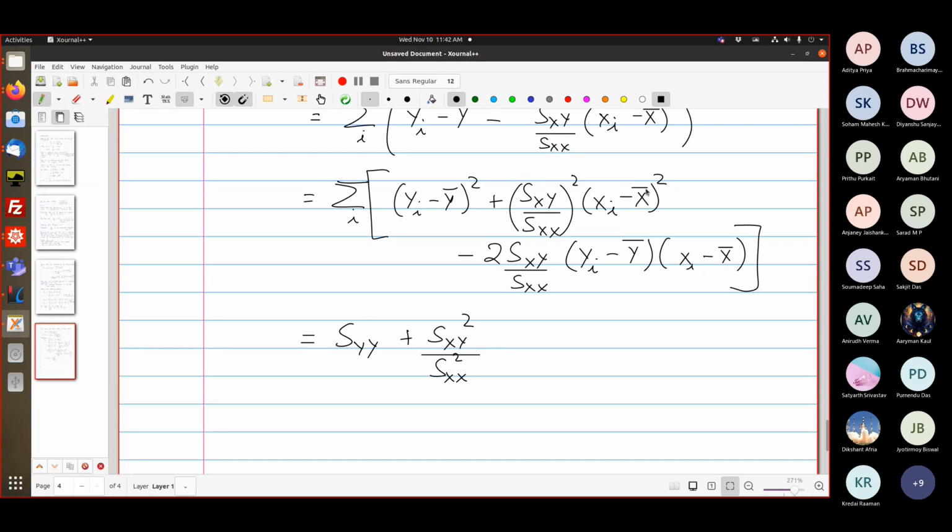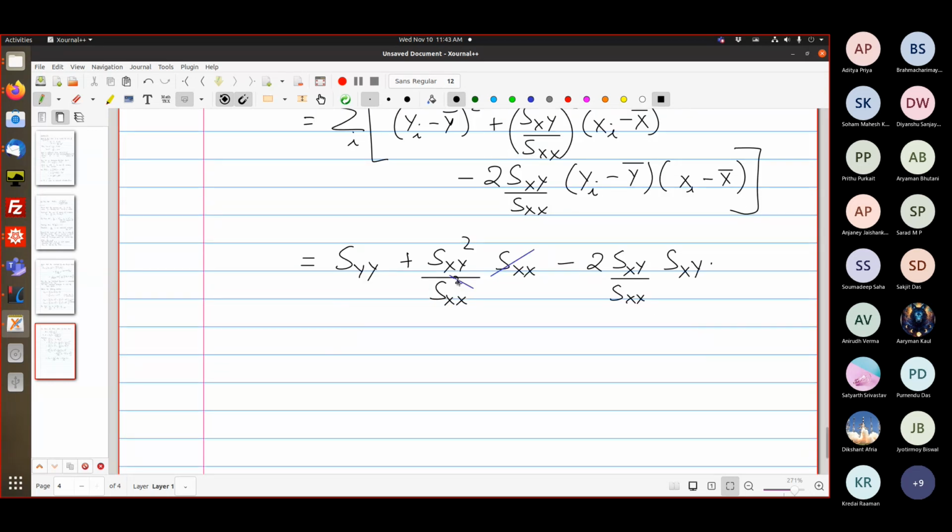Then sum of xi minus x bar whole squared is precisely Sxx, so one Sxx cancels. Minus 2 times, this is a constant, Sxy by Sxx, and this term is precisely Sxy.